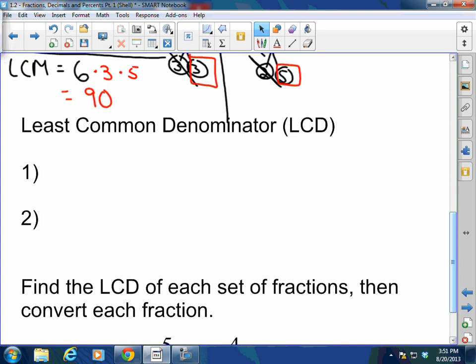And then the least common denominator, the LCD. Well, when you want to find the LCD, it's very simple as long as you remember the LCM.